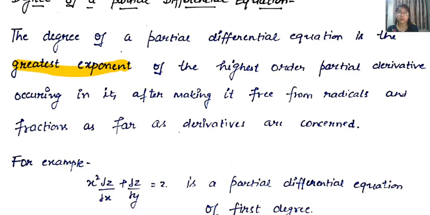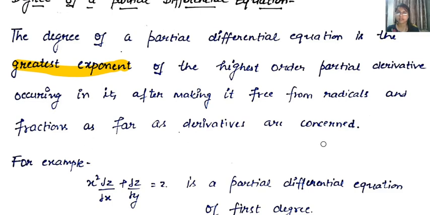Degree means जो highest order partial derivative present है equation में, उसकी power कितनी है? That power will be the degree, but you have to check that derivatives are free from radicals or fractions.